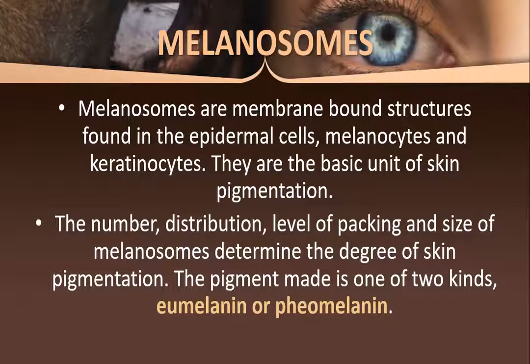Eumelanin appears dark brown from the start, but pheomelanin usually appears red in color.